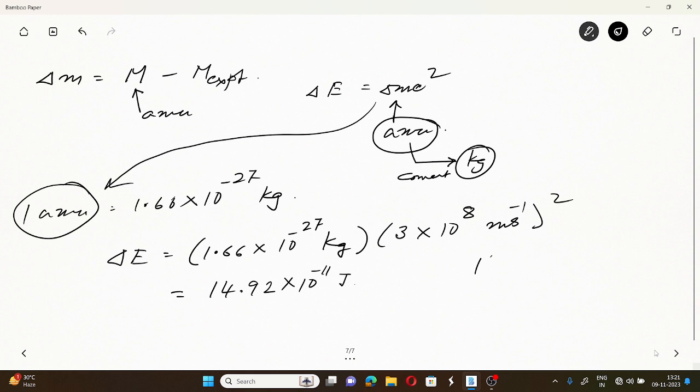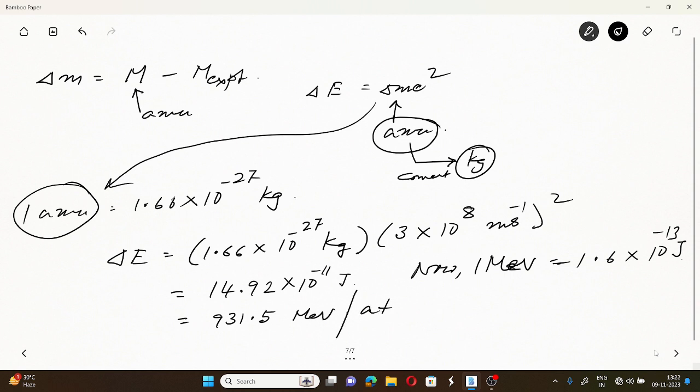এখন আমরা জানি যে 1 MeV, if you want to express in electron volts, আমরা জানি যে 1 MeV হচ্ছে 1.6 into 10 to the power minus 13 joules. So we can write this as approximately 931.5 MeV per atomic mass unit.